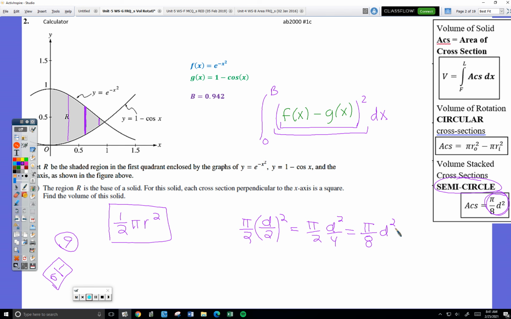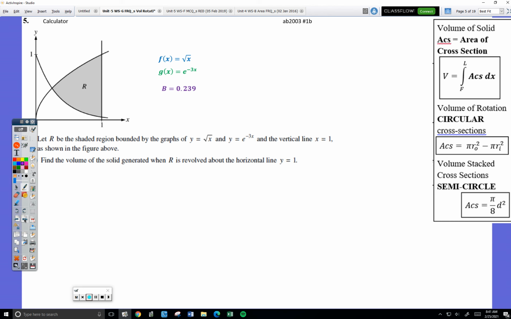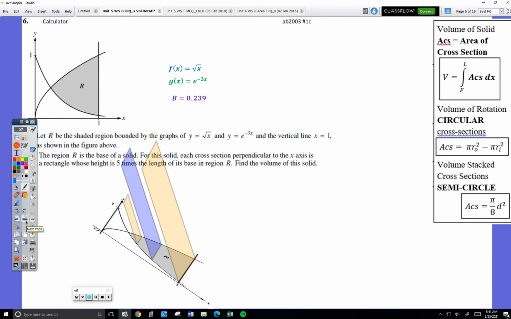So semicircles, squares. There's one in the homework where they say it's a rectangle. I did my best to draw it. It's not a very good drawing, but hope you can get the general idea. So here's the region down here. I've tried to give a three-dimensional kind of view, although I'm not very good at it.